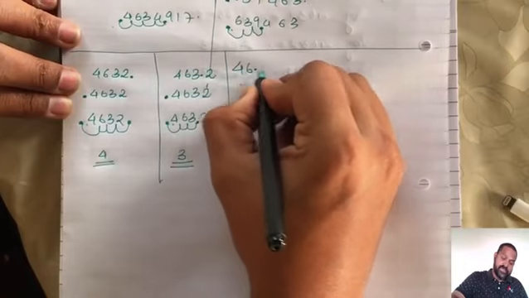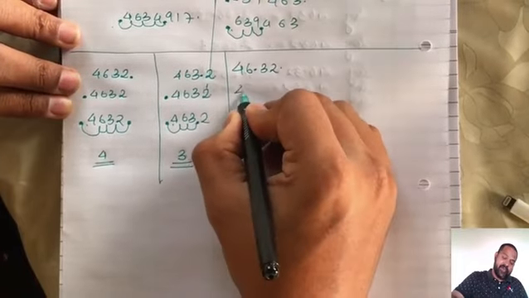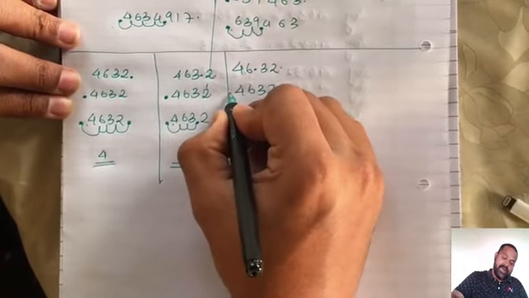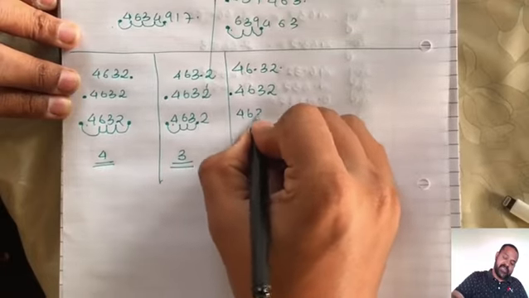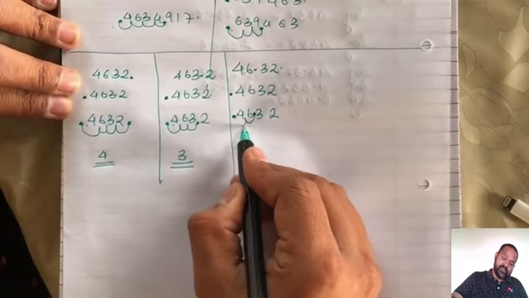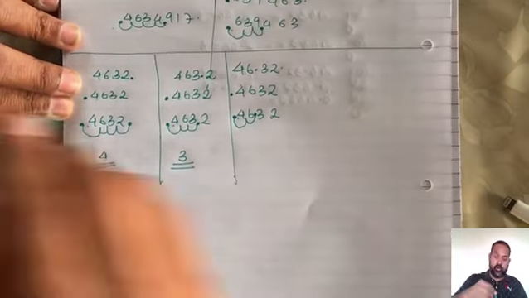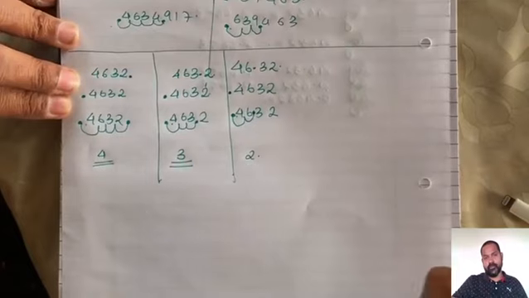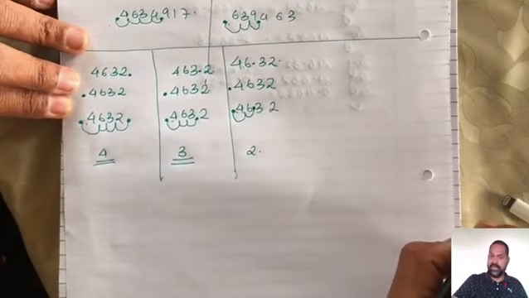What if it is 46.32? Well, without the decimal, it's 4632. Leftmost is here. 4632. This is your actual. This is the leftmost. From the actual, if I come to the leftmost, I have to go 2 hops to the left. 2 places before the decimal.